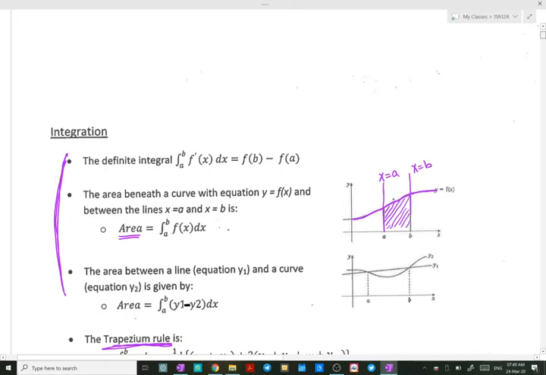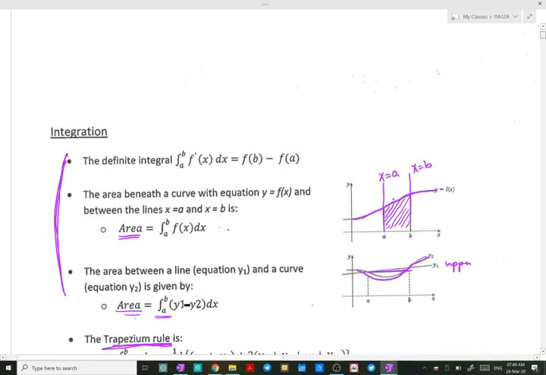The area between a line of equation y1 and a curve of equation y2 is given by this. So also you find the area by integrating, but this time you have to subtract: this is the upper minus the lower. This is why they wrote y1 minus y2 dx.